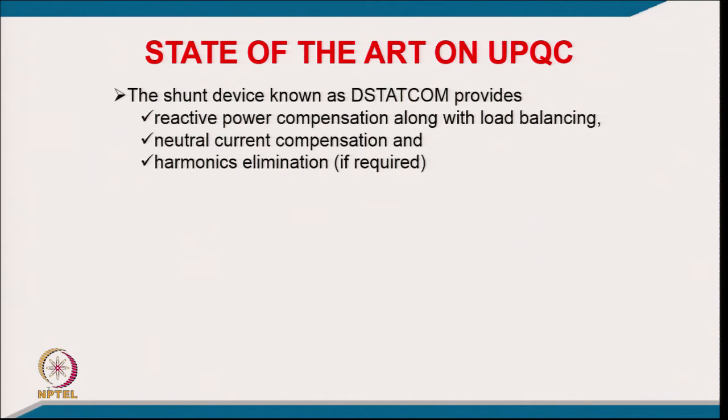If you want more features, you have to add to the cost of this compensator. A typical example: if you do not need harmonics compensation, then switching of the devices at around 1.8 or 2 kilohertz will be enough to generate the fundamental current, whether it is the negative sequence current, the reactive current, or the neutral current.